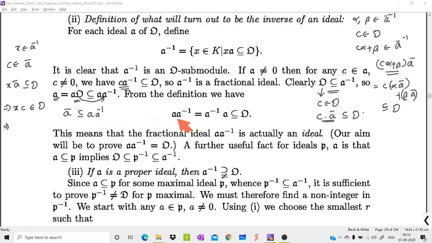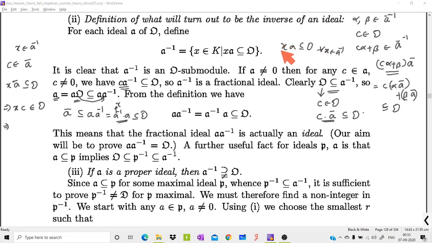Okay, and A inverse is same as A inverse A, because we are considering only commutative rings. So A inverse A is always contained in O, because that is the definition of A inverse. If you choose any element of A inverse as X, then XA is always contained in O. So XA is contained in O for all X belongs to A inverse.